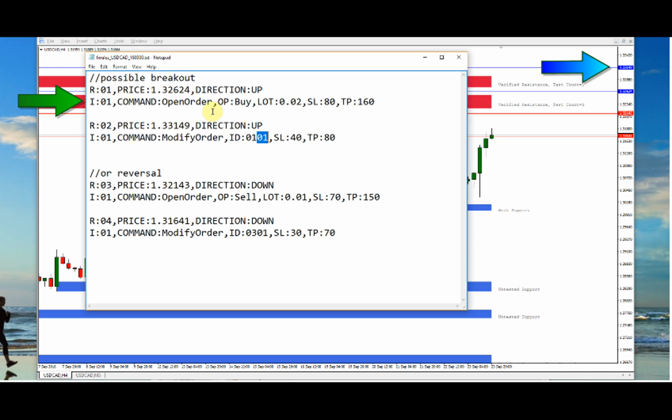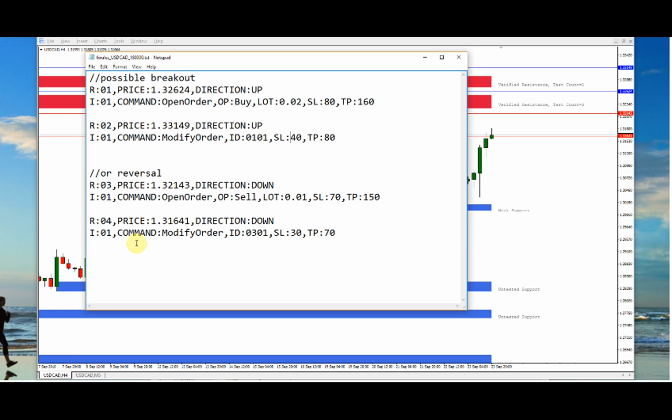So that refers to this particular order. We adjust the stop loss, remember it was in pips, to 40, and we adjust the take profit in this case to 80. It's your decision as to what you would do in practice. Essentially that is giving us a profitable situation, because I think we've moved roughly about 50 pips.